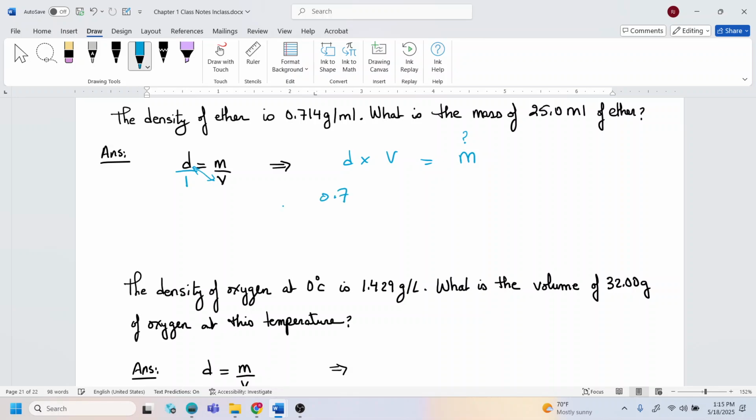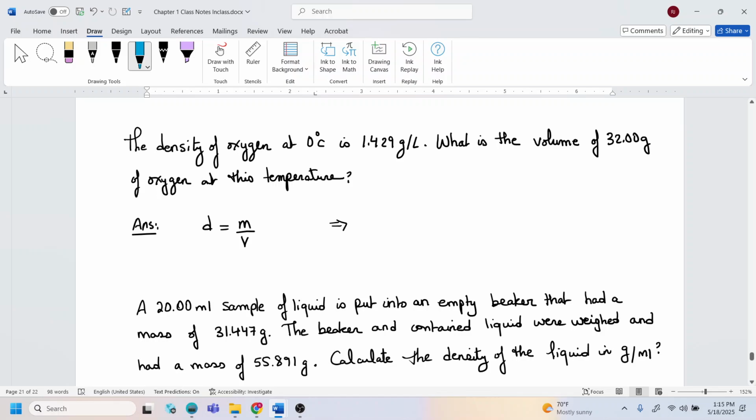The density is 0.714 grams per mL, and the volume is 25.0 mL. The mL and the mL are going to cancel out, and you get the mass, which is 17.9 grams. Your significant figures are 3 significant figures. This one is 3 sig figs as well, so your answer has to follow 3 significant figures.